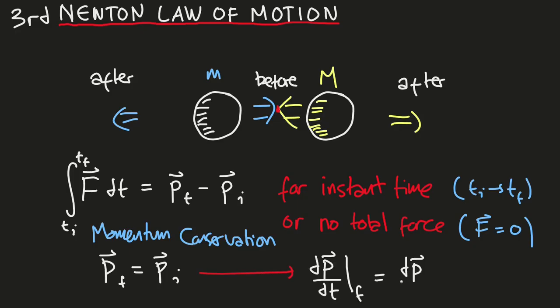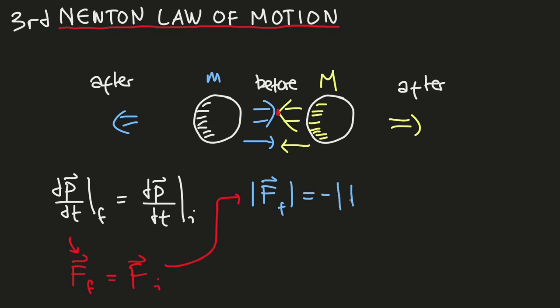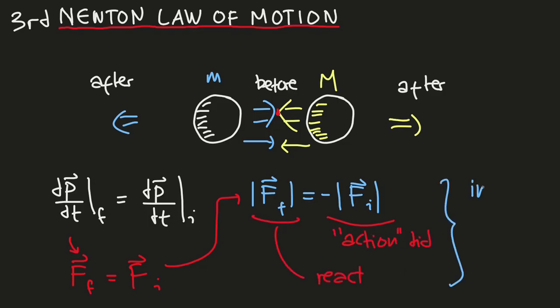This implies that the force F is equal and opposite to the force I. Next, by this equation, we get that in magnitude, the magnitude of the force at final equals minus the magnitude of the force at initial, a vector equation, which we know as action, which we did, and F is the reaction in a closed system.